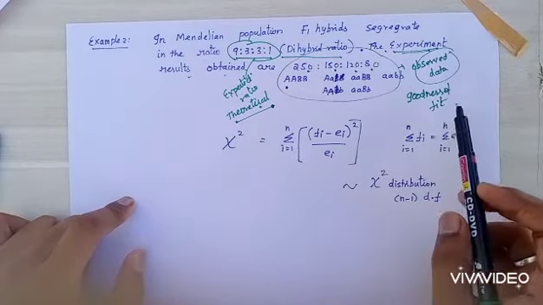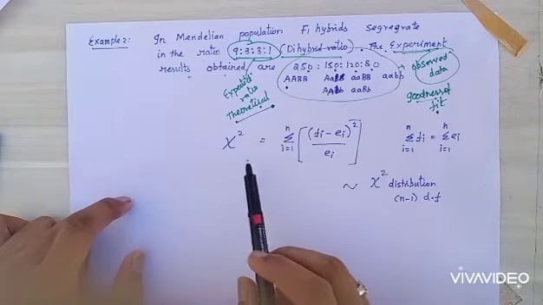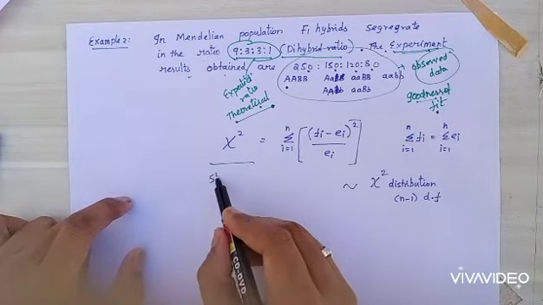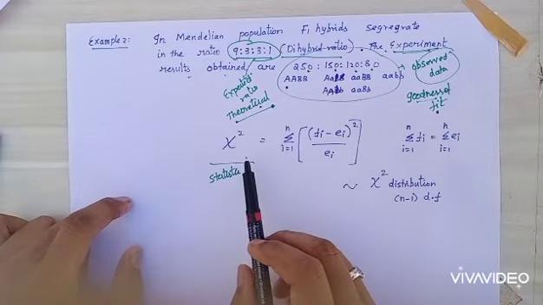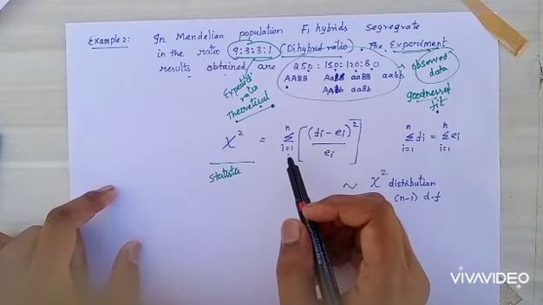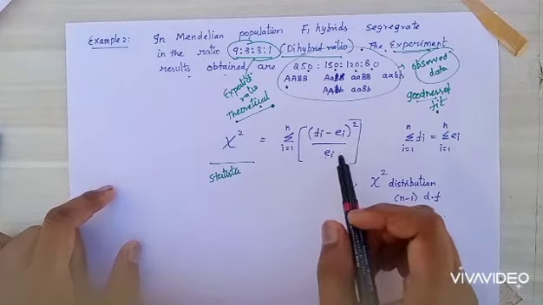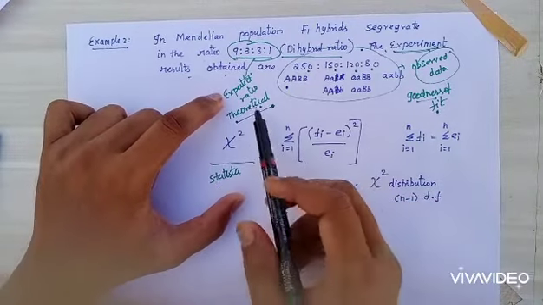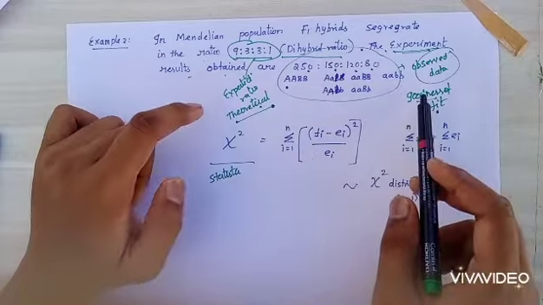So this we can test by using the goodness of fit of chi-square. This is the statistic. By using this statistic we will test whether this expected ratio or frequency is equal to the observed frequency.